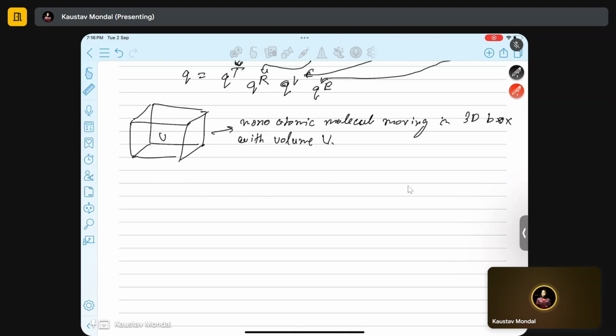For that case the partition function looks like this.